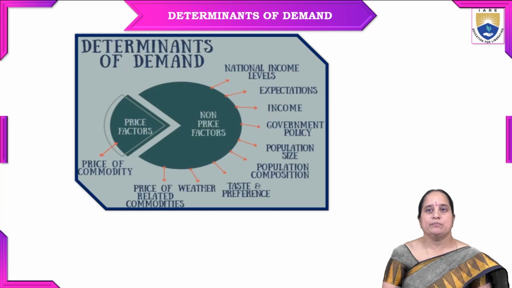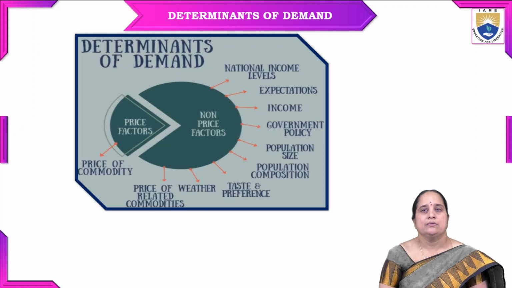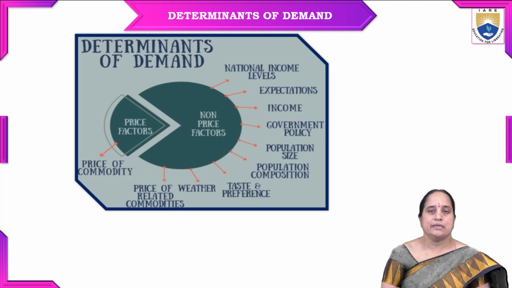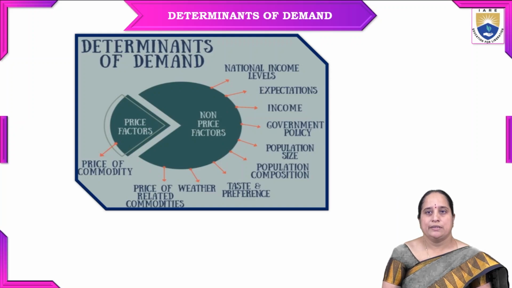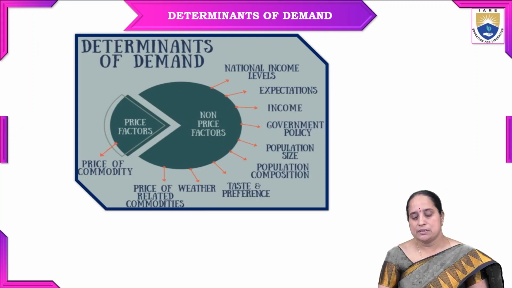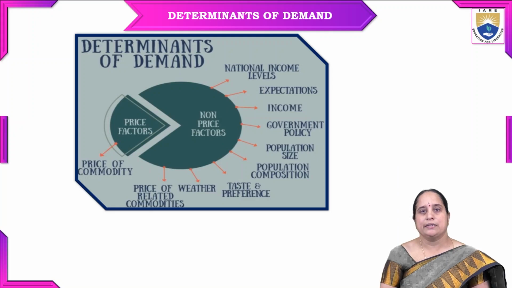Then coming to the determinants of demand. What are the factors that influence the demand of a product or service? Basically, we'll divide these determinants into two: price factors and non-price factors. Price factors are exclusively related to the price.